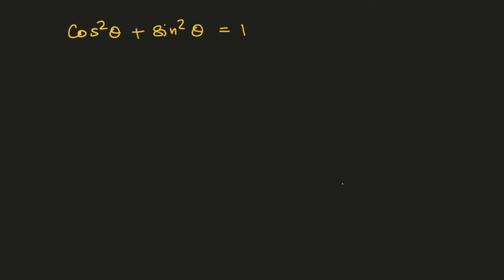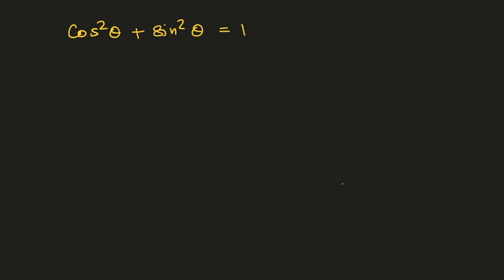So for acute angles, all the 6 trigonometric ratios give non-negative numbers. You will see why this is so in the subsequent lessons, but for the time being you can assume that these trigonometric ratios are positive numbers. So when you take square roots, you don't have to worry about the negative root.